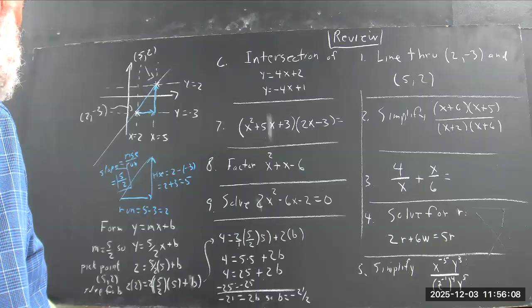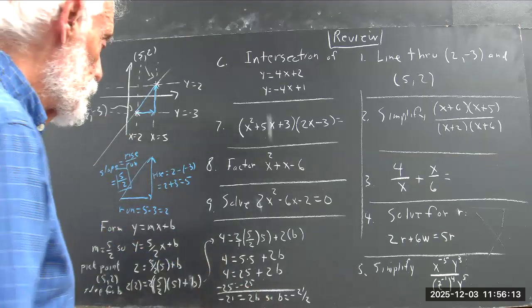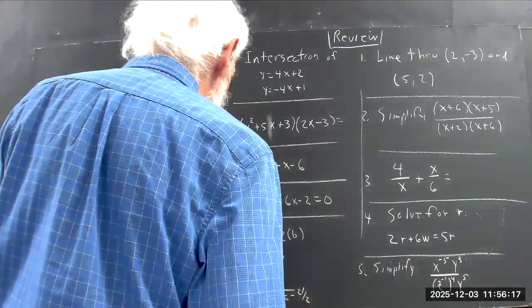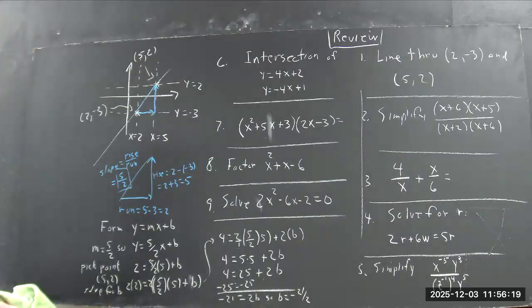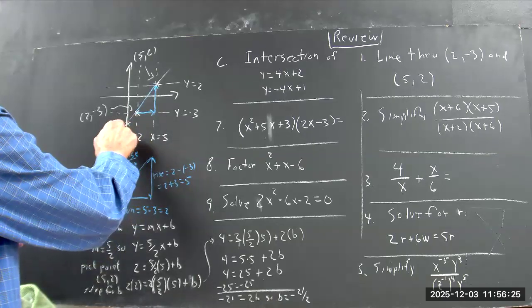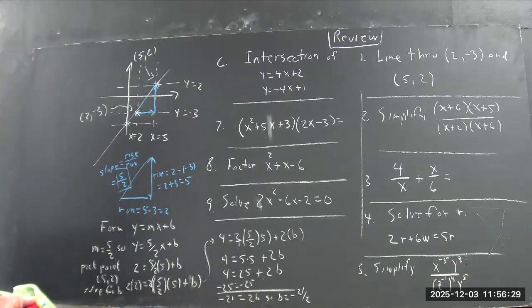Looking at my scale, b is going to be your y-intercept. Negative 21 over 2 would be like negative 10. This is negative 3. It doesn't look like that's negative 10 there. This is y equals negative 3. That's more like negative 5. So right away, I'm a little concerned about my solution here.